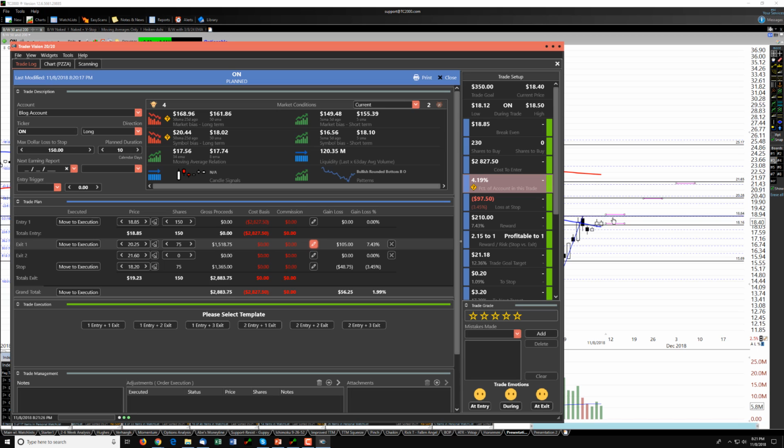With these levels that I had set, we can get 2 to 1, about 2.15 to 1. Make 210 bucks if we had to clear the whole position at that first target. Less than $100 of risk of being stopped out.